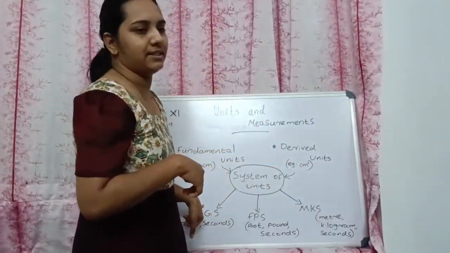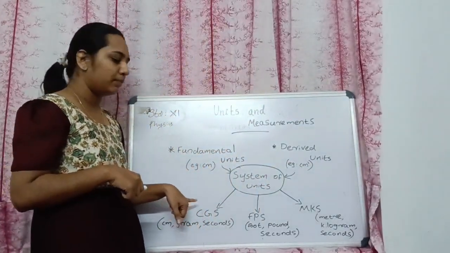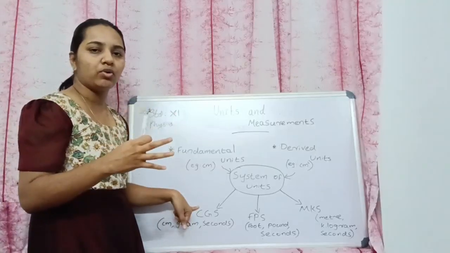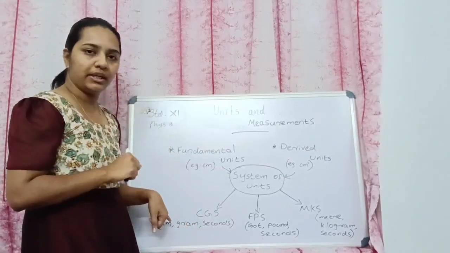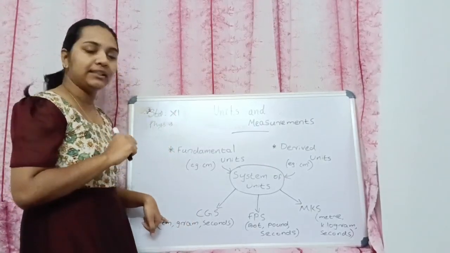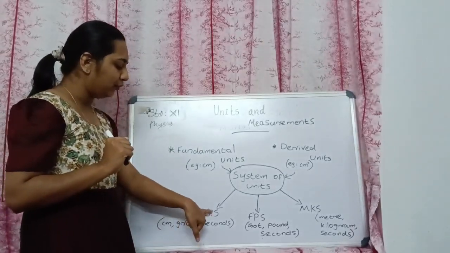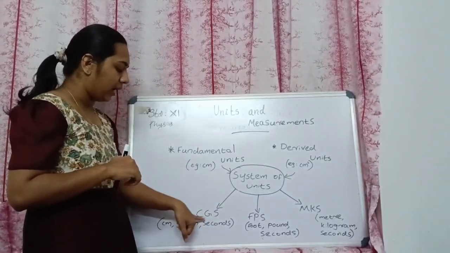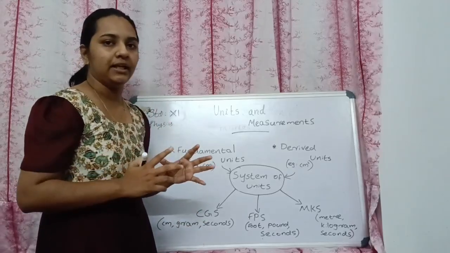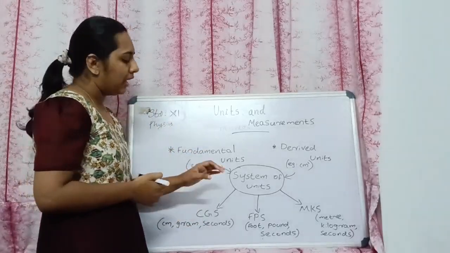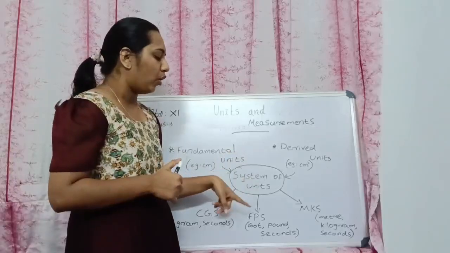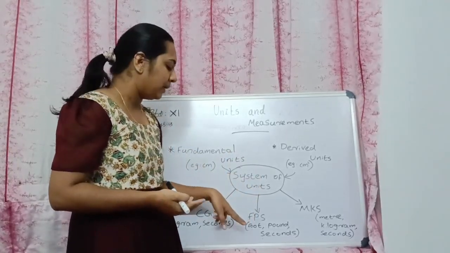The CGS system. What do you mean by CGS system? The base quantities that we are using here, for length it was centimeter, for weight it was gram, and for time it was second. That was the CGS system. Then the FPS system, also known as the British system.